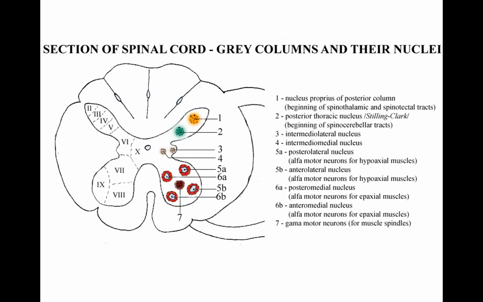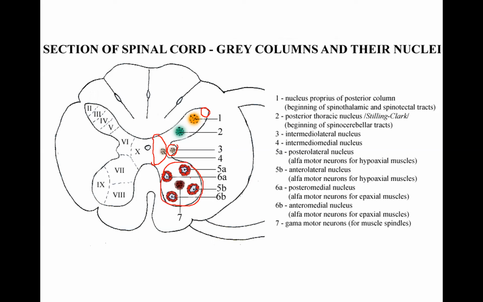But what we have to know is that we have here some nuclei. In the posterior horn we have three important nuclei. Two are here, and the third I have shown. Then in the lateral horn we have one nucleus, and in the intermediate zone, which is this, we have another one, and then in the anterior horn we have these.